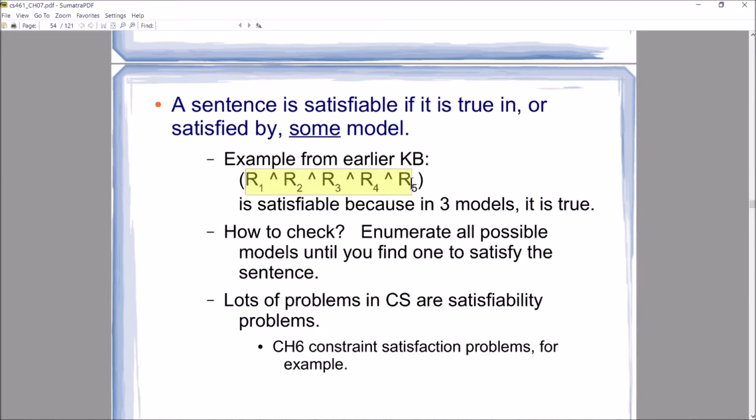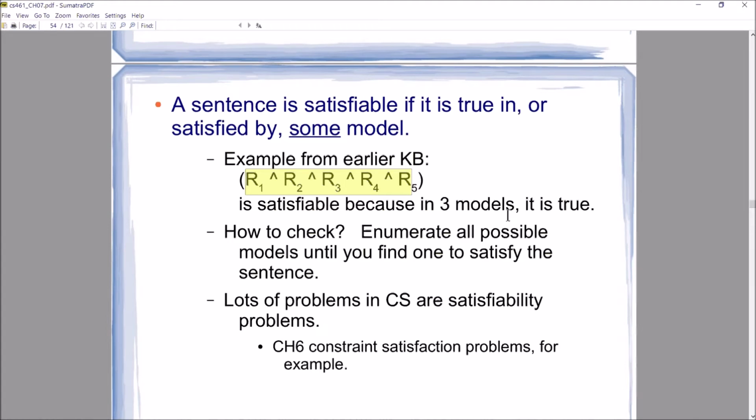All of these combined together were true in at least one row of the truth table we looked at in the previous video. As it turns out, there were 3 models total, so this sentence is satisfiable because in 3 of those models it was true.